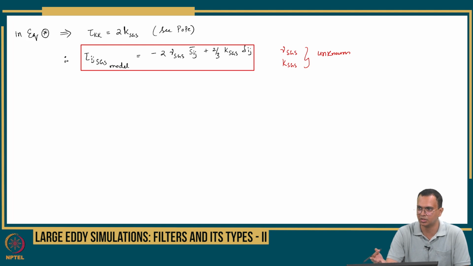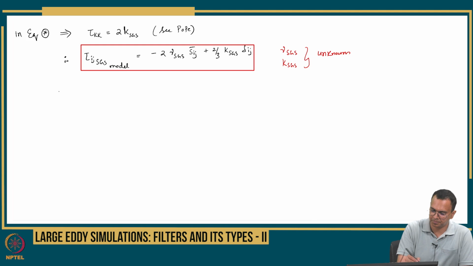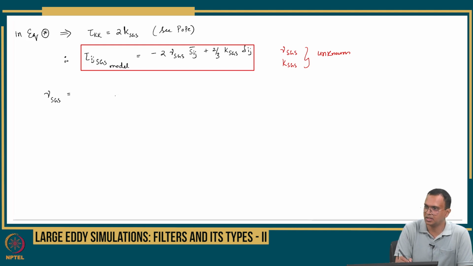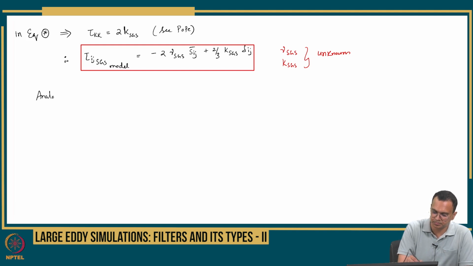Since it's a kinematic viscosity, it has to be meter squared per second. Okay, so we can say nu SGS is equal to, using let's say the mixing length hypothesis. Okay, so let's say analogous to mixing length.